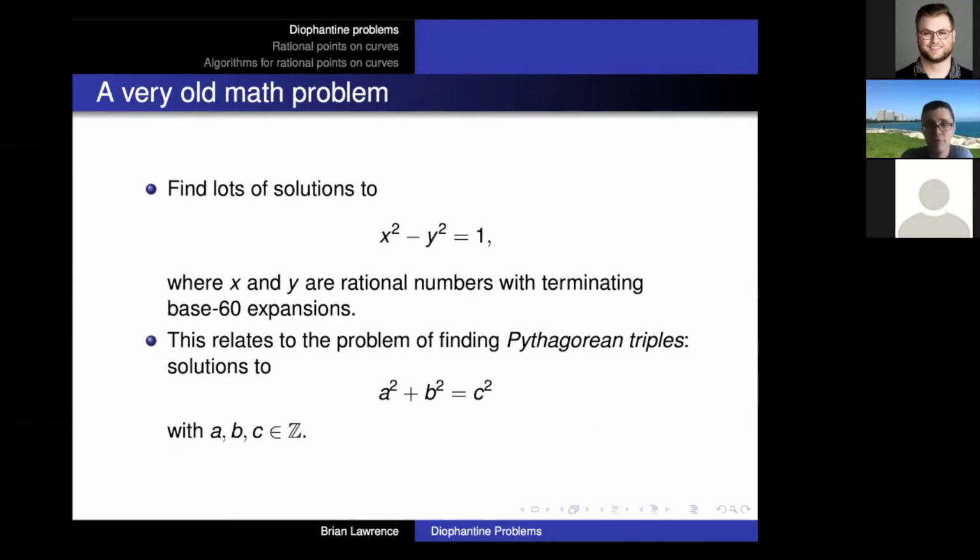So this is essentially the problem of finding Pythagorean triples, maybe with some divisibility condition. And what the tablet shows, I mean, we don't really know much more about it other than this list of numbers, but clearly the ancients had some kind of efficient procedure for generating solutions to this equation.